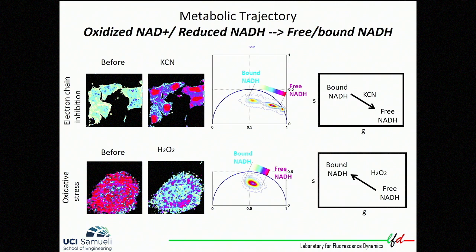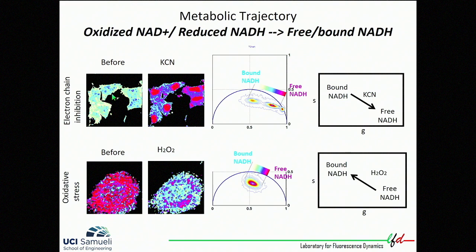And what was our signature trademark to look at the shifts in metabolism and to spatially map them inside cells was to use these particular inhibitors. We used potassium cyanide as just a simple explanation for this, where it inhibits the electron transport chain.